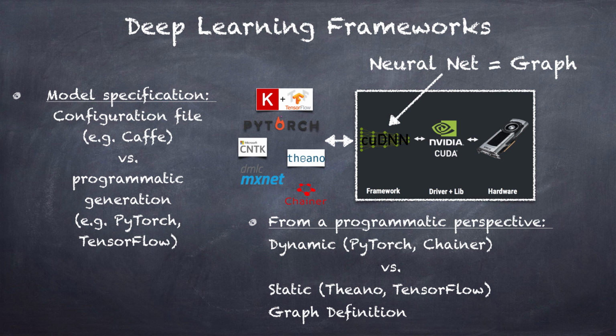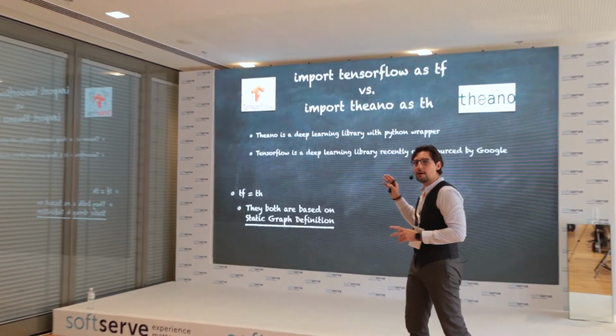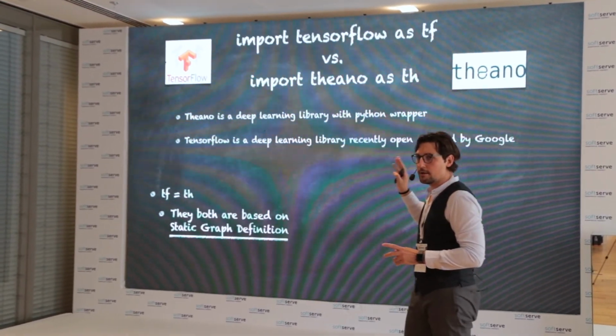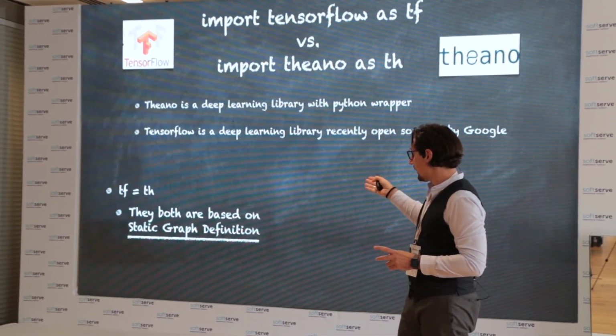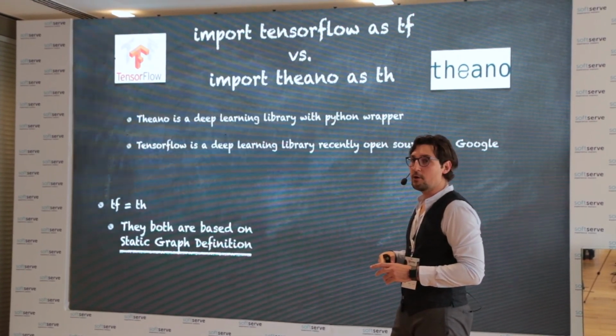Comparing the two, Theano and TensorFlow, Theano is a deep learning library with a Python wrapper. TensorFlow is a deep learning library recently open sourced by Google. They're similar in the sense that they both are based on static graph definition. To be honest, TensorFlow strongly got inspiration from Theano.